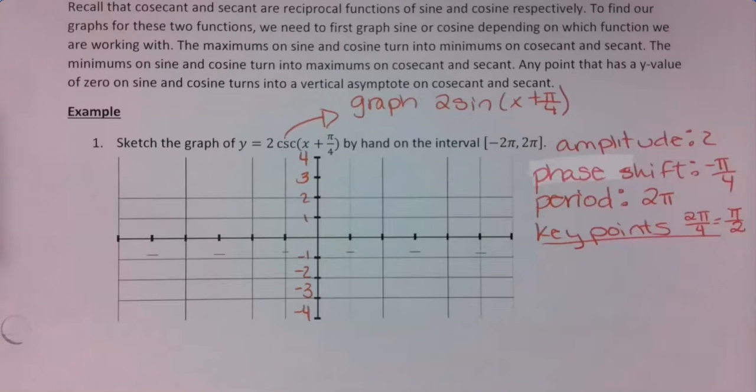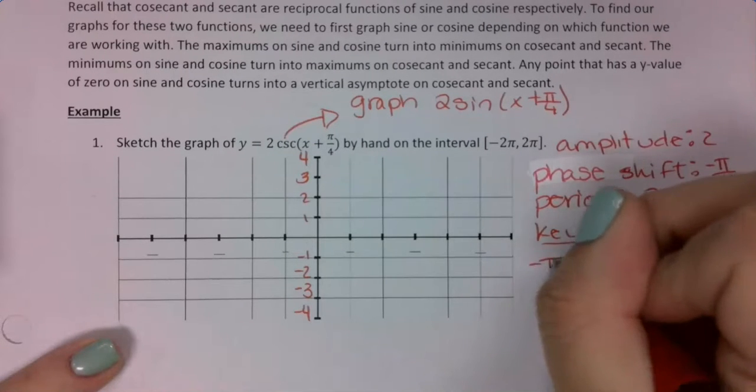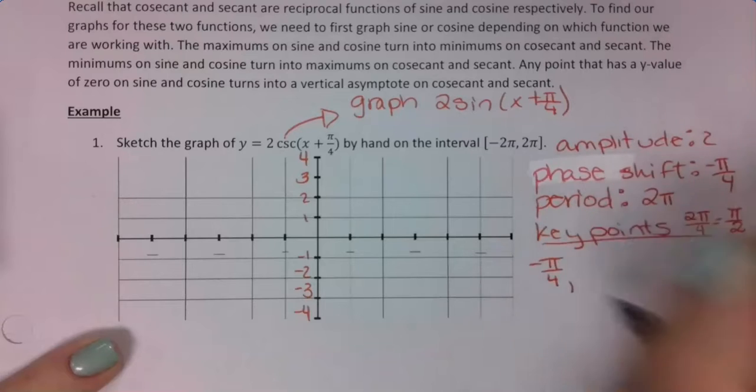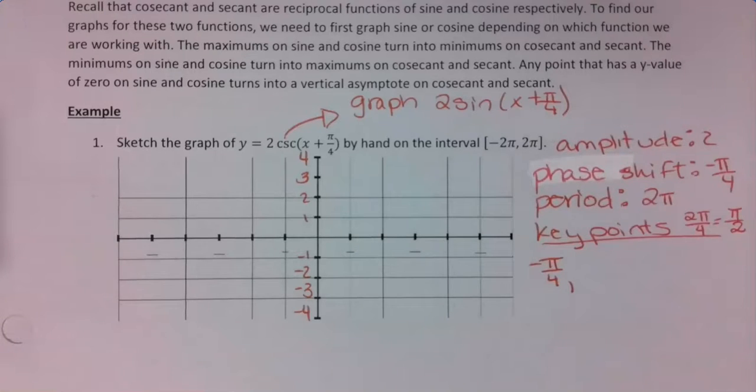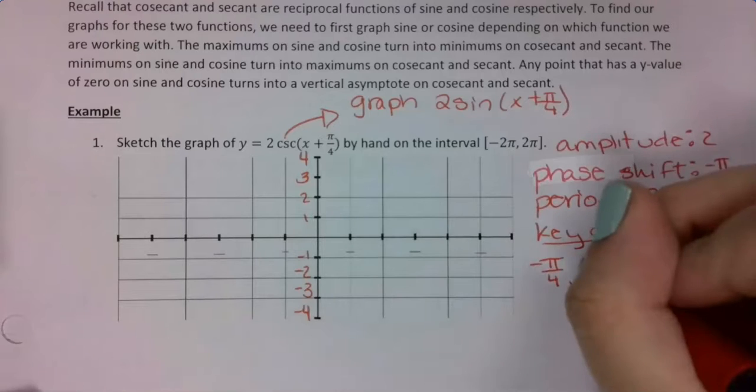What value do I start at? Whenever I have a phase shift, that's what I start at. If I don't have a phase shift, then I start at 0. And then I keep adding pi halves, so negative pi fourths plus pi halves is pi fourths.